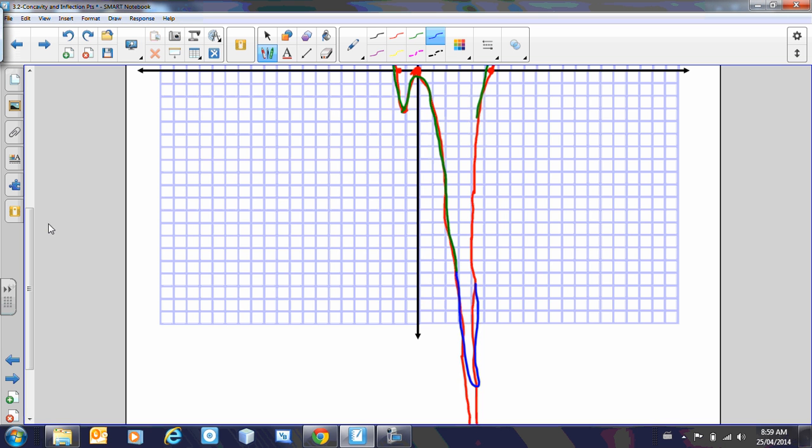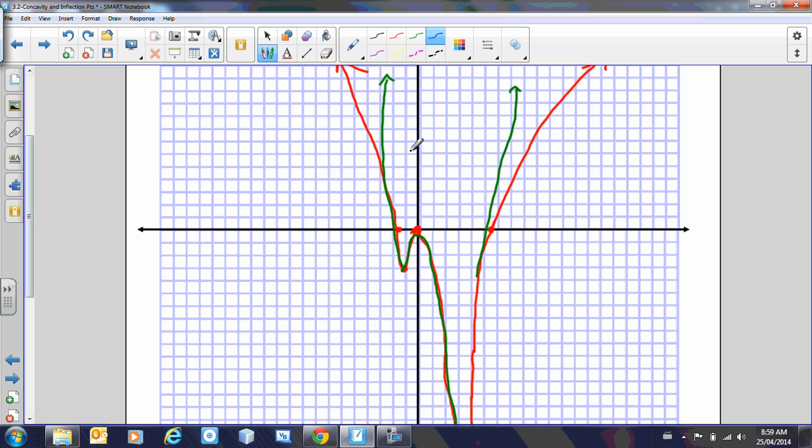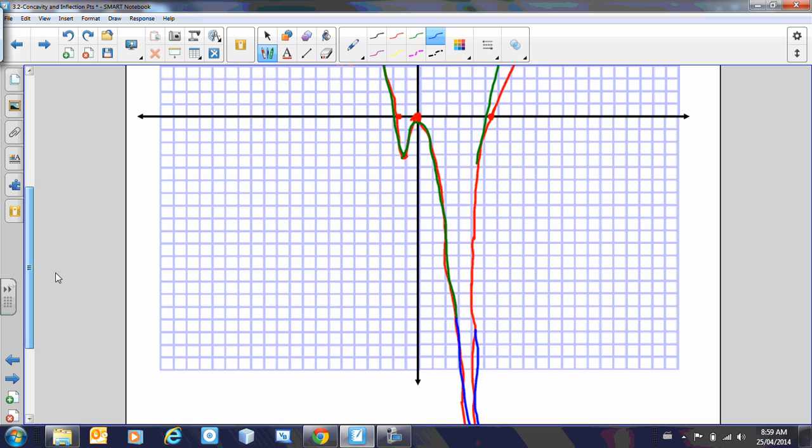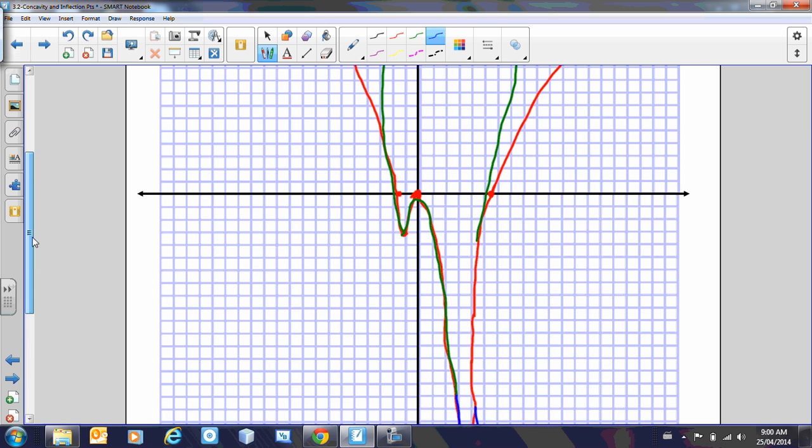This is what we call concavity. This is a graph that is concave up or opening up. This is a section of the graph that's opening down. Somewhere around here, there's going to be a transition where I go from being open down to being open up again. And then as we move out, my graph may or may not switch again to be opening down at this point. Same sort of thing over here.